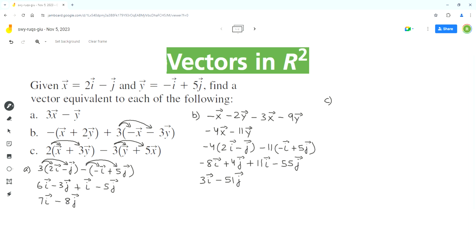So we get, now we can combine the terms for vectors x and y. So 2 minus 15 is negative 13 and 6 minus 3 is 3.